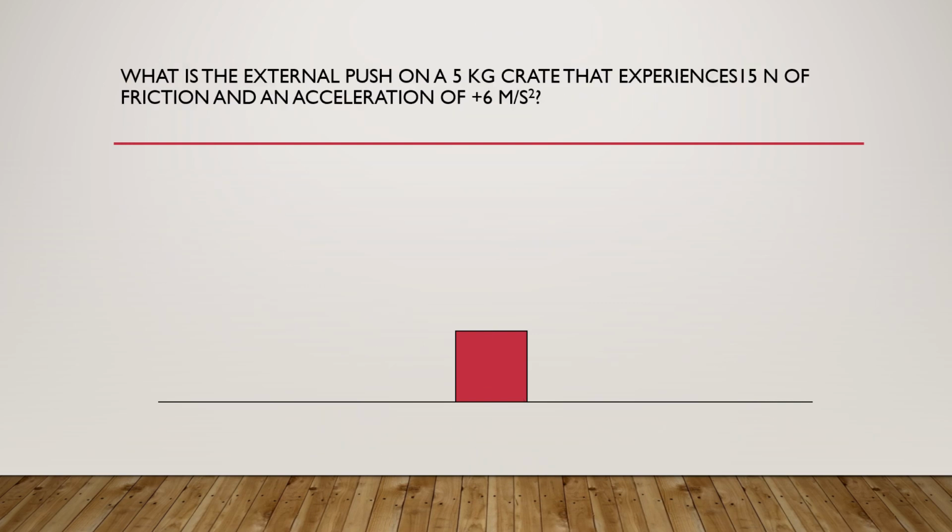What is the external push on a 5 kilogram crate? So 5 kg goes right there. And before I even finish reading the problem, I'm going to go ahead and do 49 and 49. Love it. Great. That experiences 15 newtons of friction and an acceleration of positive 6 meters per second squared.